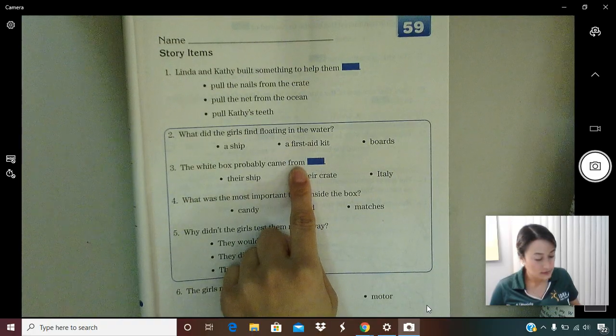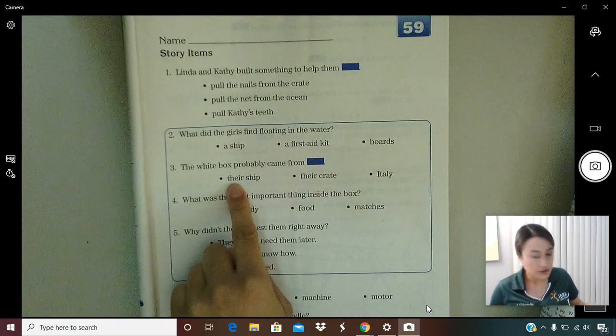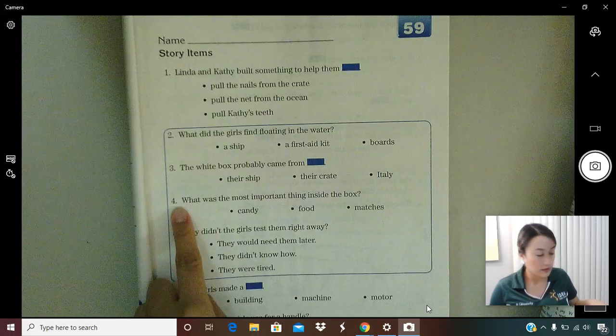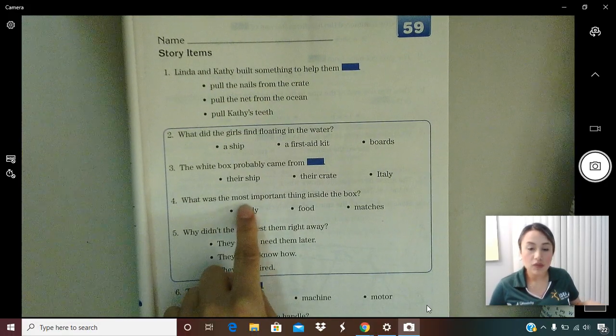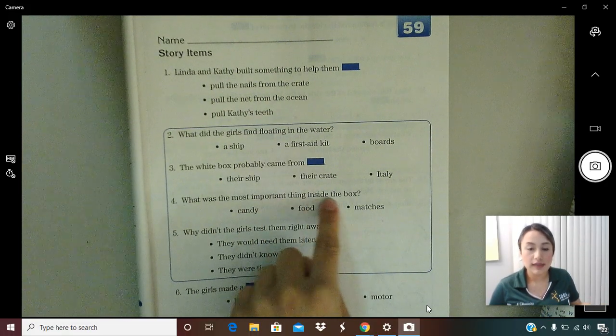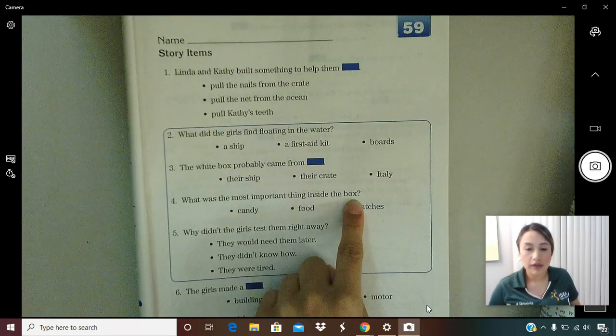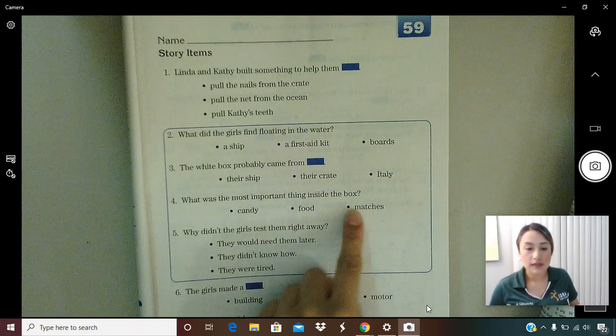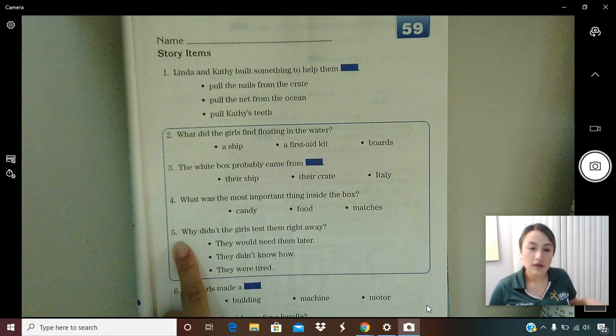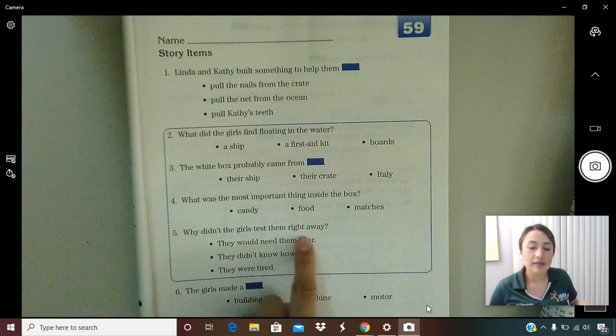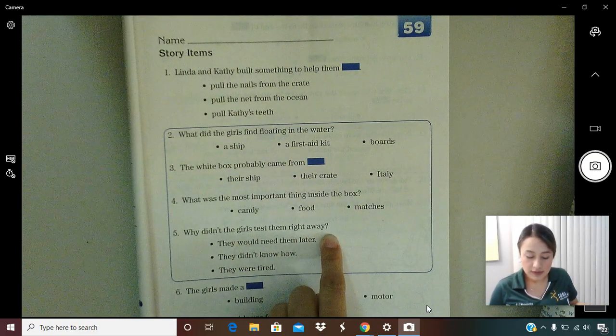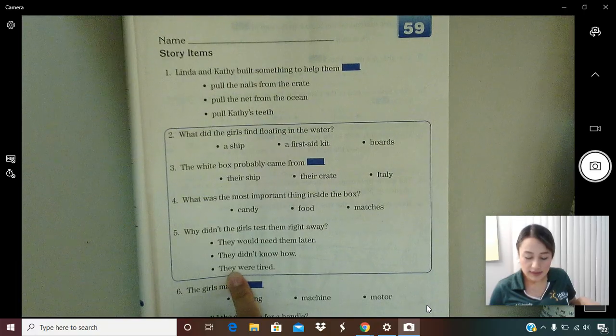Your answer is their ship. Number 4, what was the most important thing inside the box? Your answer is matches. Number 5, why didn't the girls test them right away? The answer is they would need them later.